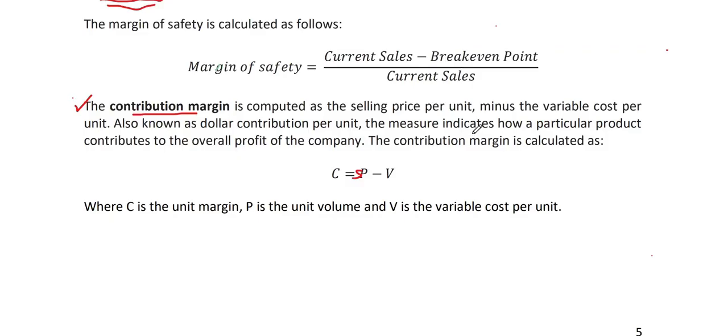This measure indicates how a particular product contributes to the overall profits of the business. So this is another very important thing that every company must know. Every company that is involved in selling a particular product, or offering a particular service, you need to know what is the contribution margin.